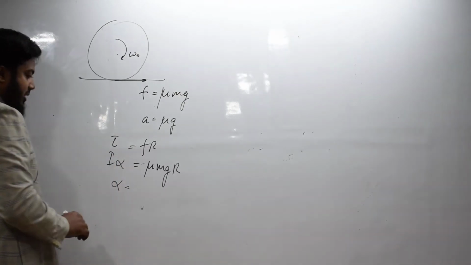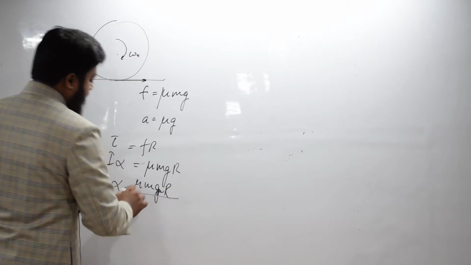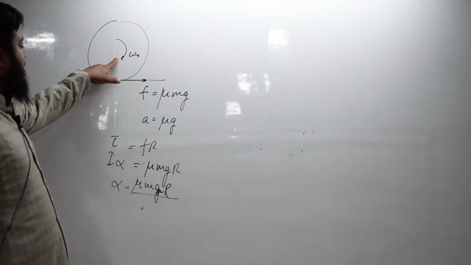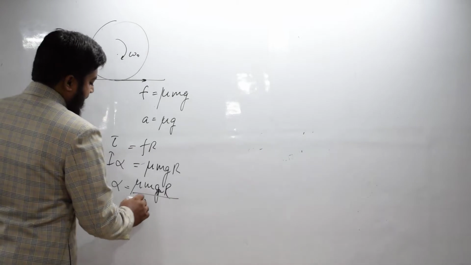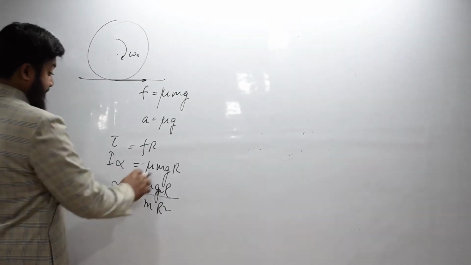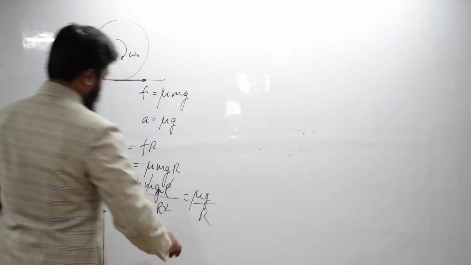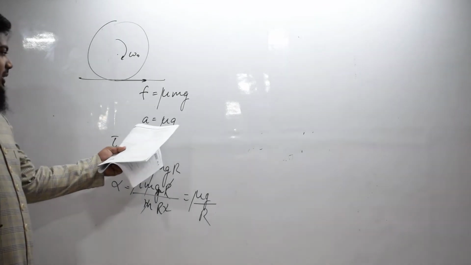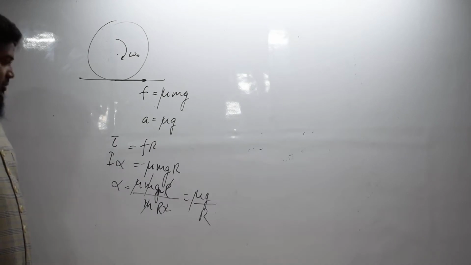So, alpha is equal to μmg r upon I. Moment of inertia about this axis, this is a ring, is mr². So, the angular deceleration is μg upon r.